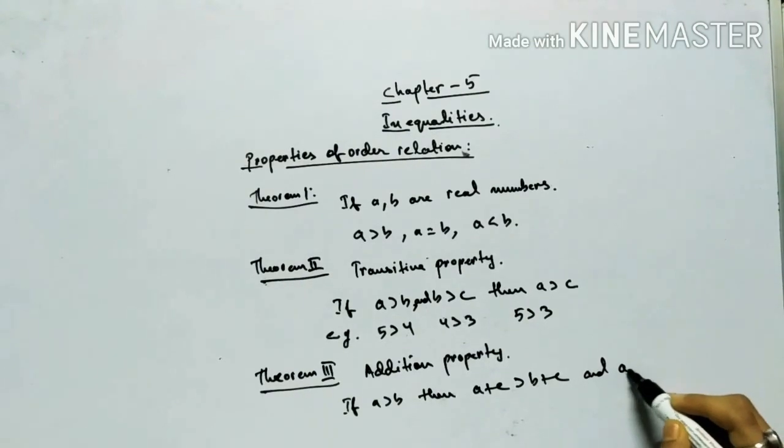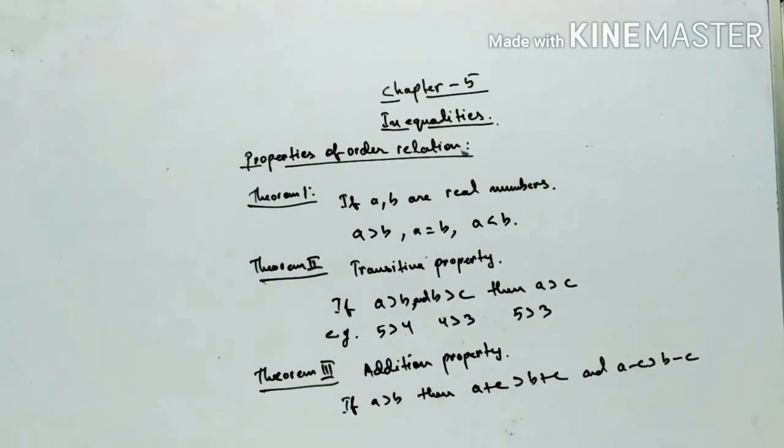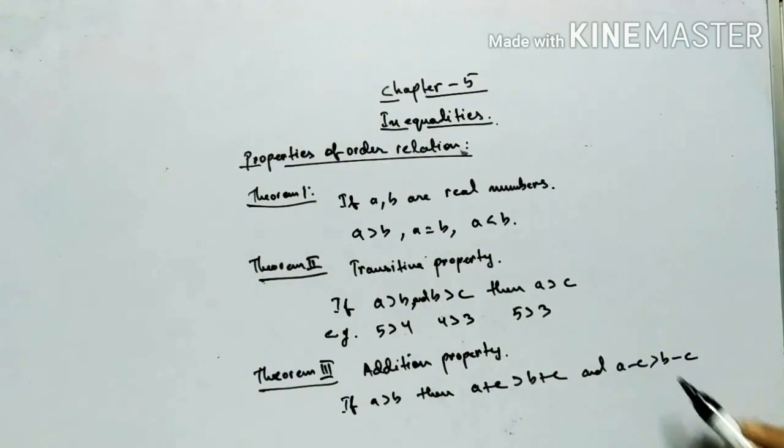And A minus C will be greater than B minus C. If you subtract a number from both sides, the sign will remain the same.